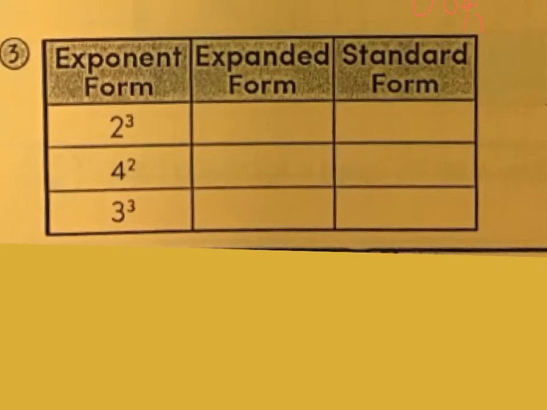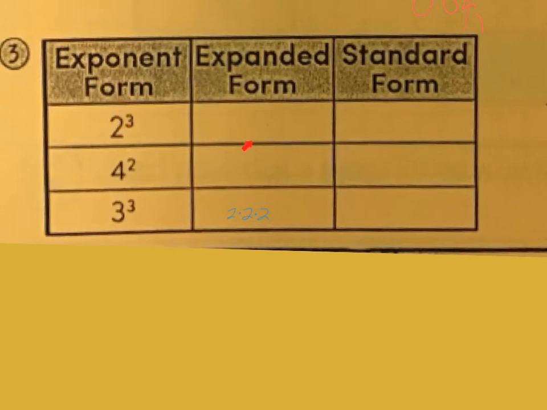Okay, if we look at number 3, we're talking about some exponents here and different forms that we can have these written in. So we have the exponent form here. We have expanded form and we have standard form. So I'm going to do this first one for you, and then I would like you to do the second and third. So expanded form would be 2 times 2 times 2. And I know that that's how to do it because it says that there's 3 2's.